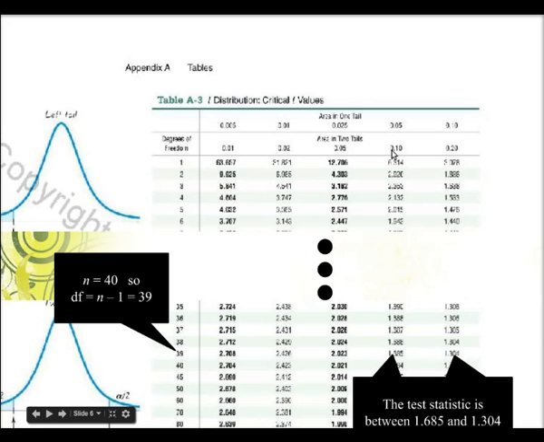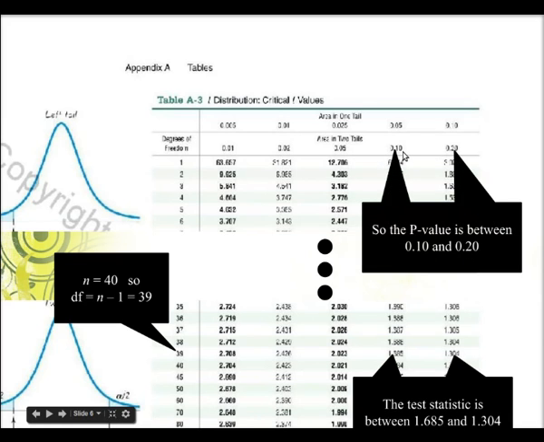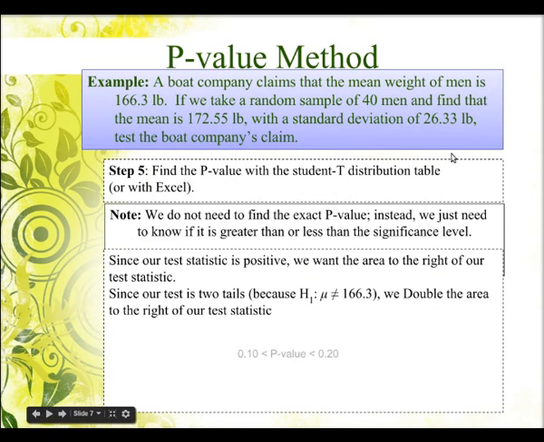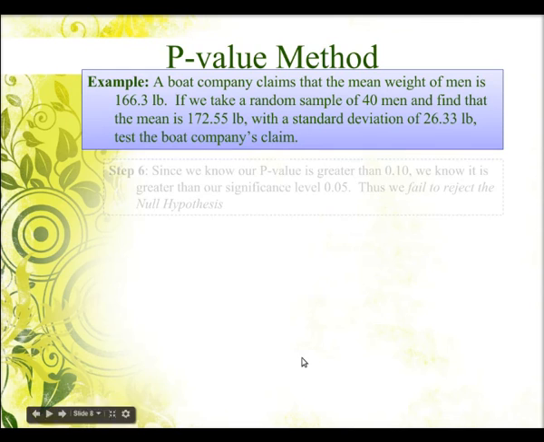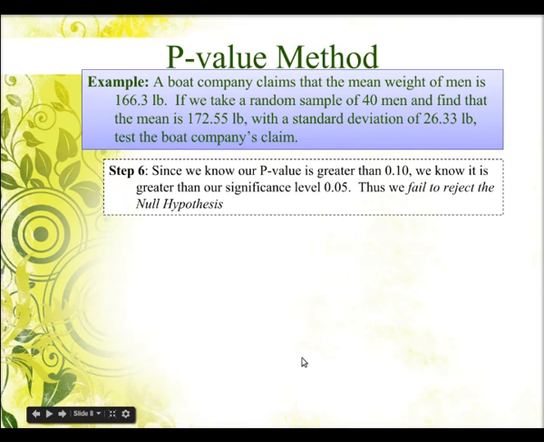So in the area in 2 tails, that tells me my p-value is between 0.1 and 0.2. So I know my p-value is between 0.1 and 0.2. Now I just have to compare this to my significance level to decide whether or not we reject the null hypothesis or fail to reject the null hypothesis.